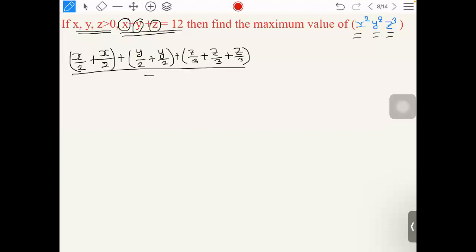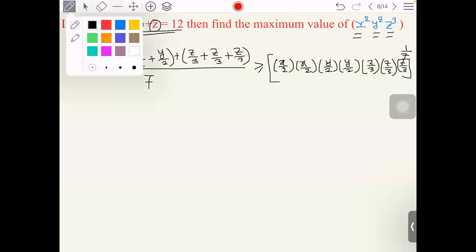So this divided by 7 is more than or equal to the product. So x by 2 into x by 2, y by 2 into y by 2, z by 3, z by 3, z by 3 raised to 1 by 7.